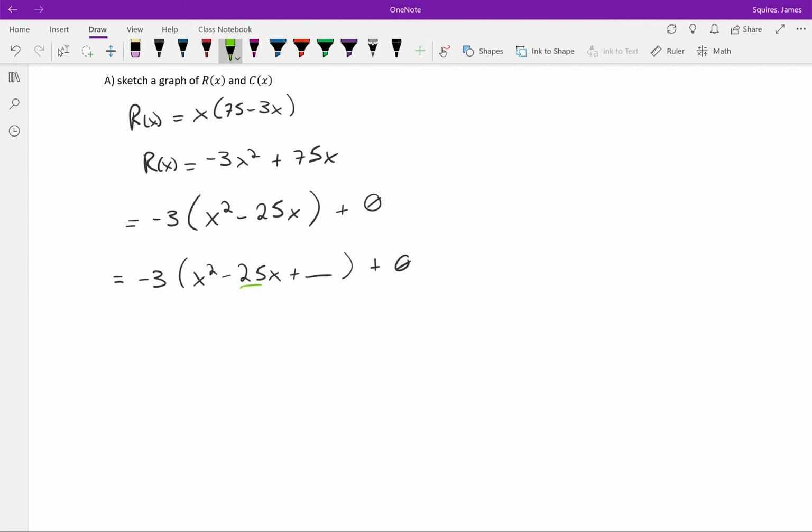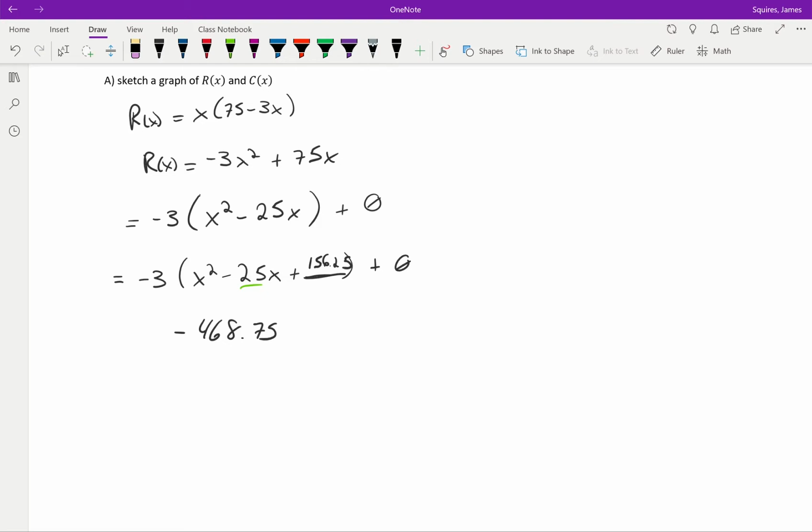So half of 25 is 12.5. If we square that, we are going to get 156.25. Now notice if we're adding 156.25 inside the parentheses, we are really subtracting 468.75, because that is what negative 3 times 156.25 equals.